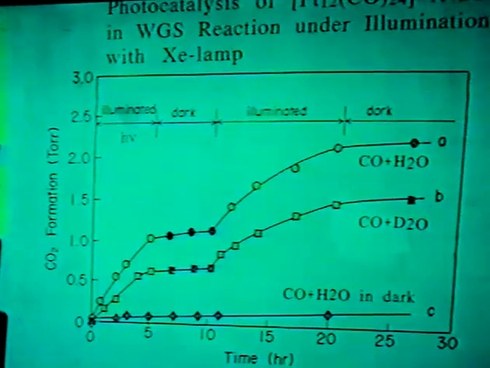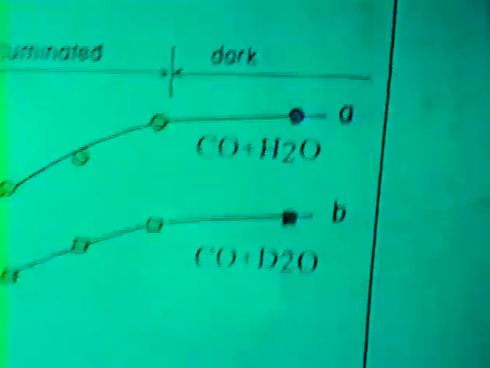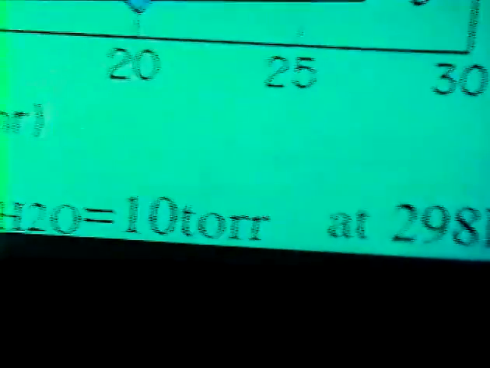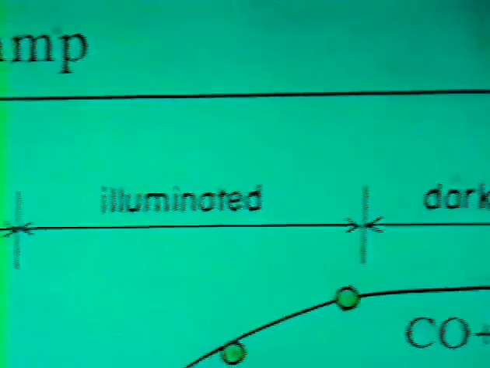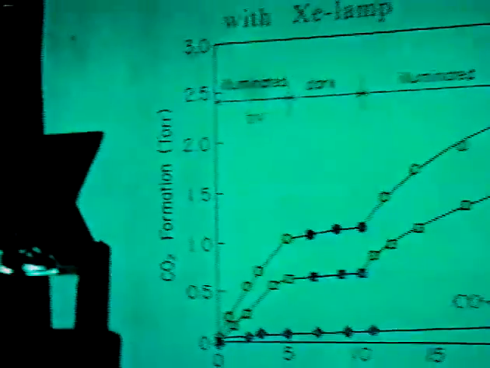Furthermore, it's interesting to find that this water gas reaction is quite enhanced under illumination of the xenon lamp. The formation of carbon dioxide from the mixture of carbon monoxide and water is enhanced by a factor of 40 times compared to in the dark.